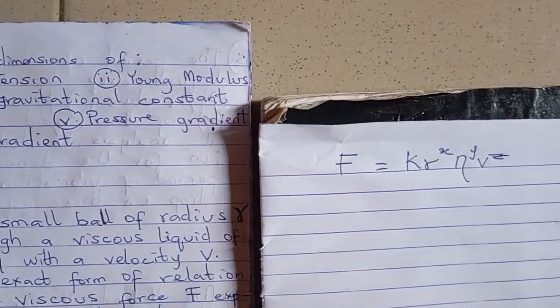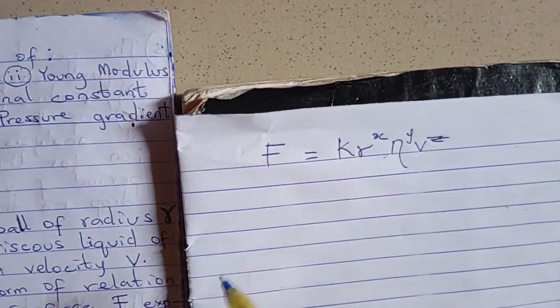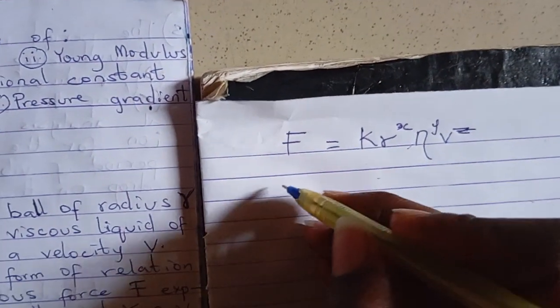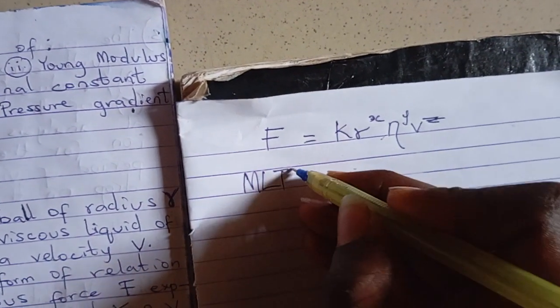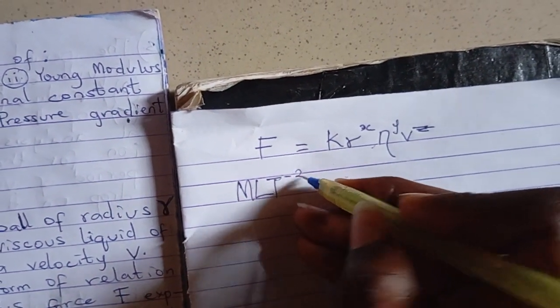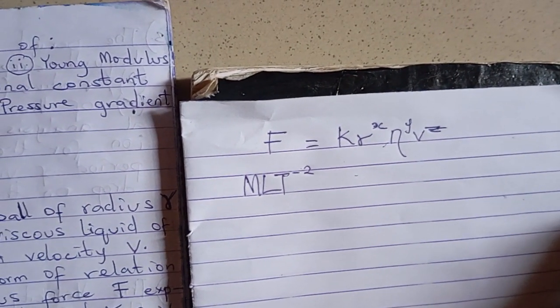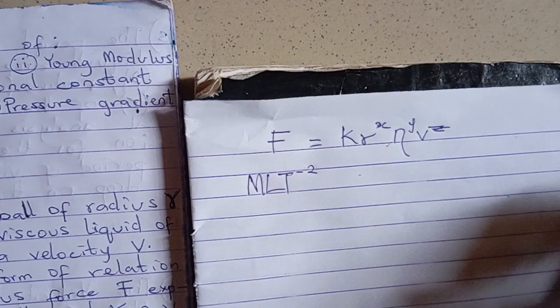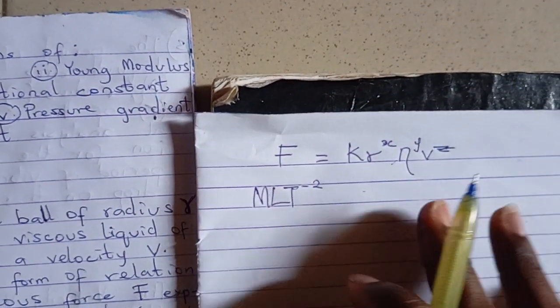Remember, the only thing we are looking for in this question is to find these powers. It's not complicated. Force, from our previous class, is simply M L T^-2. Go and watch our video on surface tension and dimensional analysis of derived quantities, so you see how we come about this.